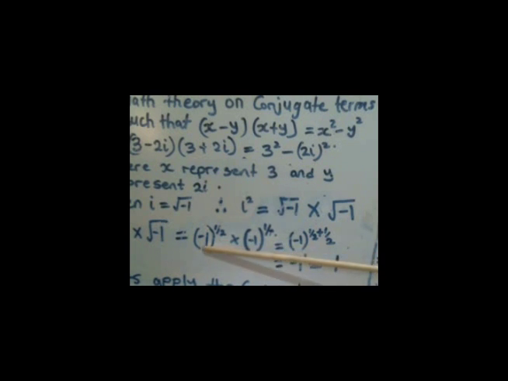So minus 1 raised to the power half multiplied by minus 1 raised to the power half will be equal to minus 1 raised to the power half plus a half. Here we apply the exponent rule: when you multiply two numbers having powers, we add the powers.